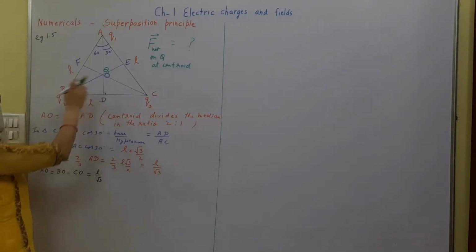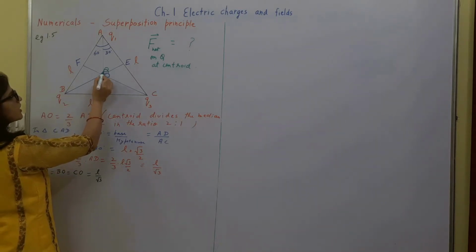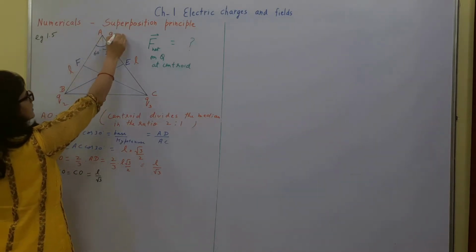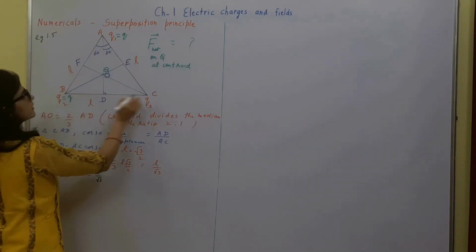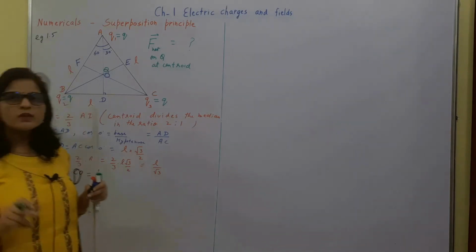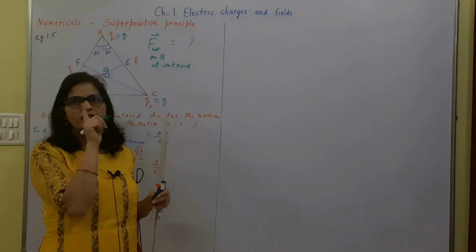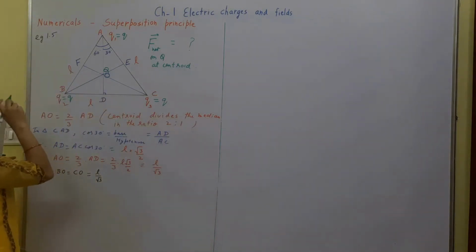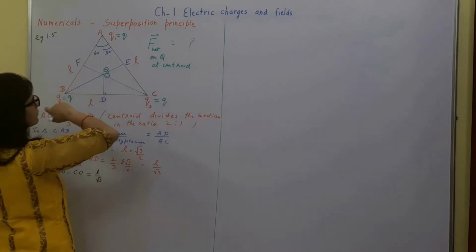Now we have to check first the direction of these forces. These charges are given equal. That means at all the three vertices, the equal charges q, small q are kept and capital Q is kept at the centroid. We have to find the net force on this charge which is placed at the centroid.